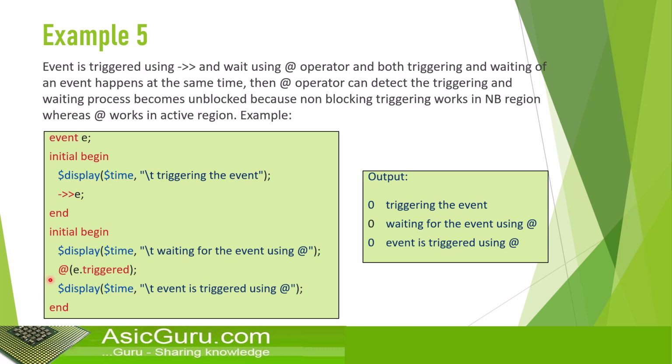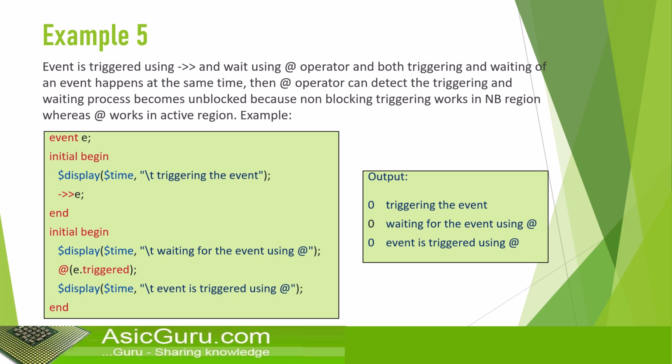Because of this scheduling order, the wait process is able to see the event trigger even though they happen in the same timestamp. That is why all three statements, triggering, waiting, and confirming the trigger, execute successfully at time 0. So this output makes it very clear.